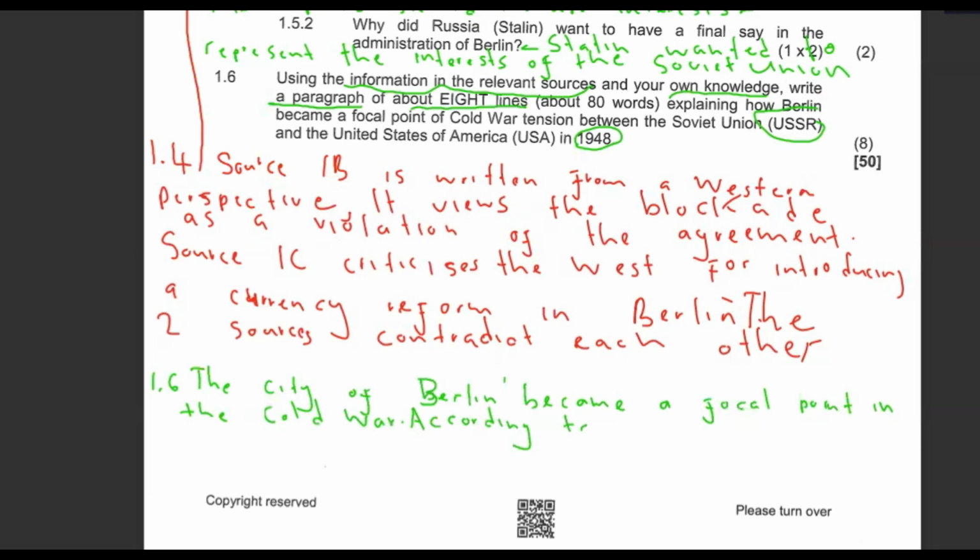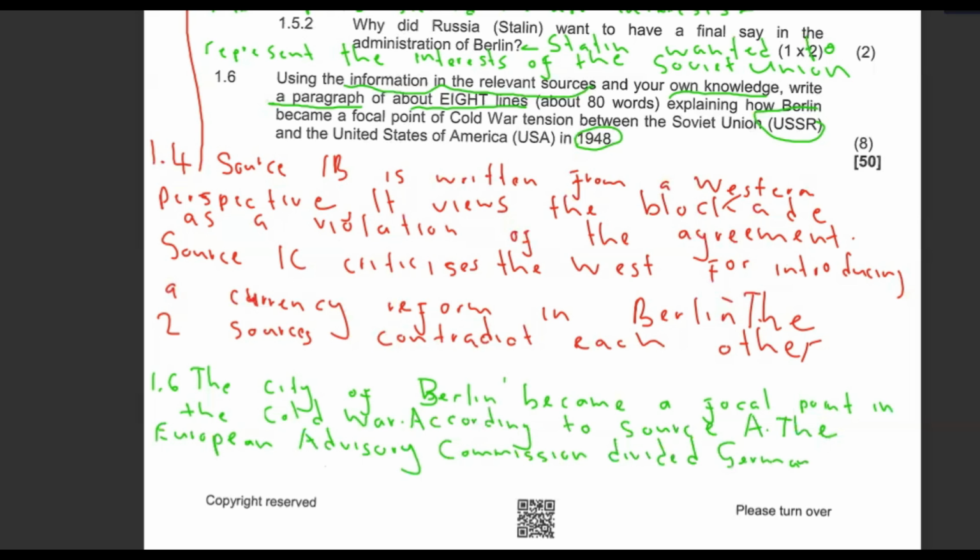According to source A, the European Advisory Commission divided Germany into 3 zones of occupation.